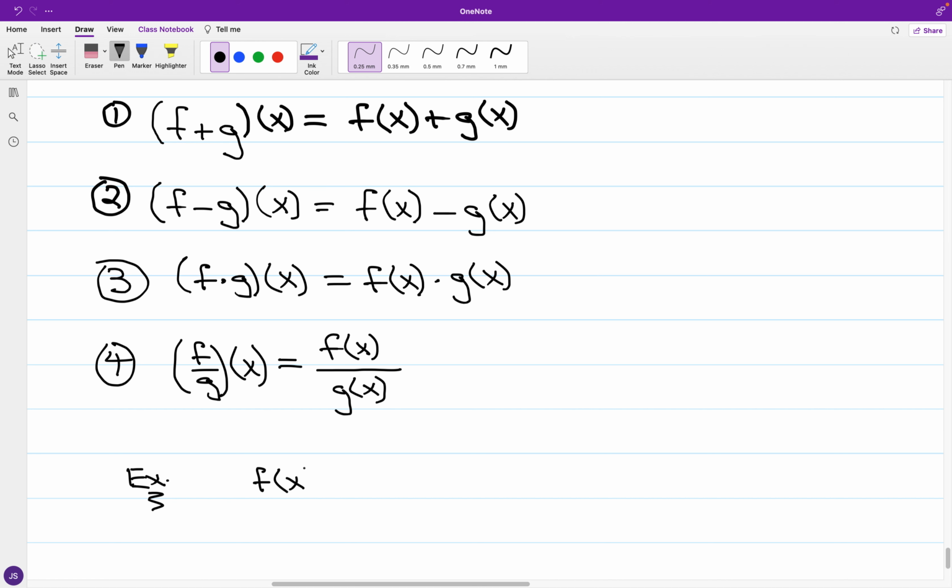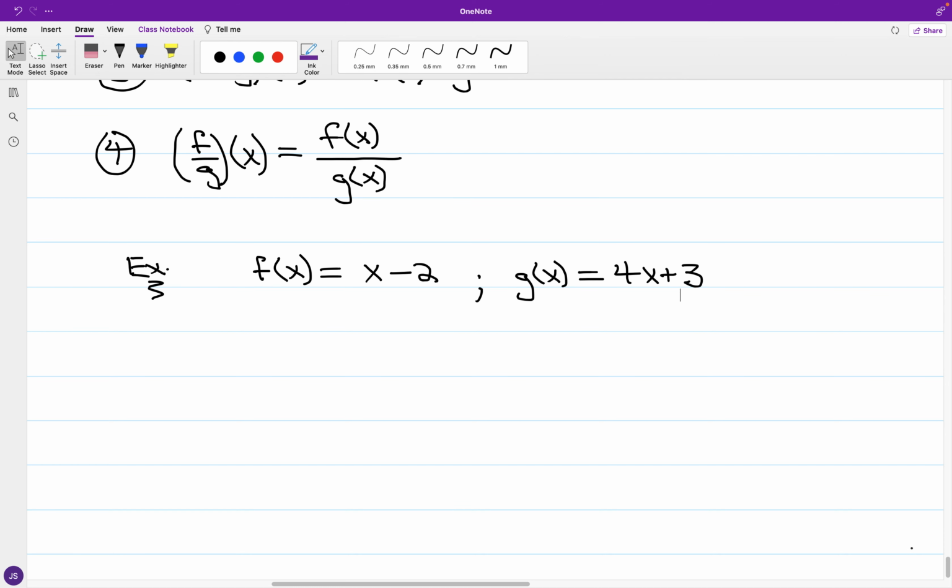We'll say that we have f of x is equal to x minus 2, and we'll say that g of x is equal to 4x plus 3. And if I'm looking at, let's say, the first case, what would be f plus g of x?